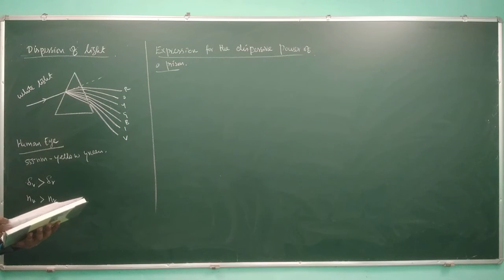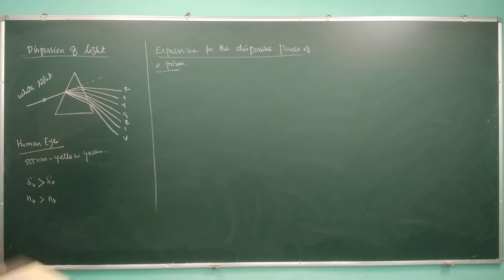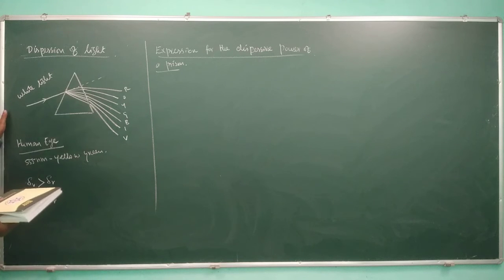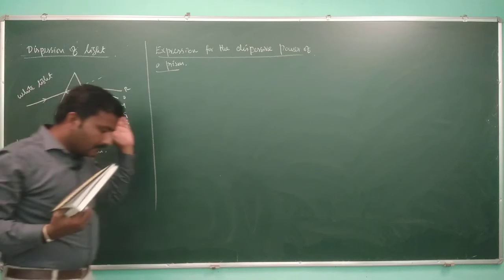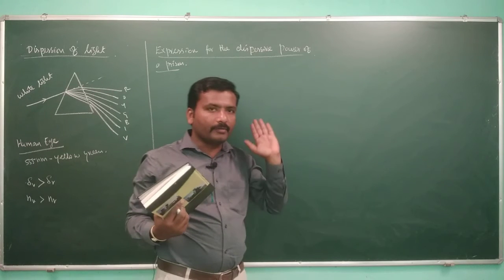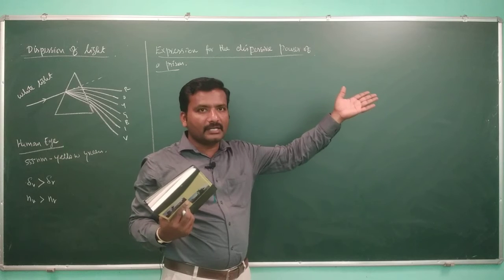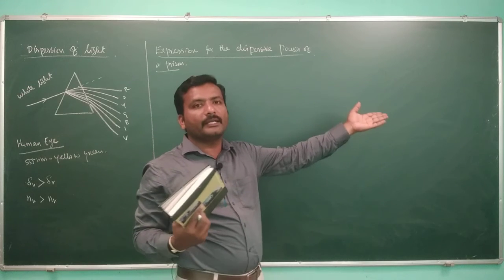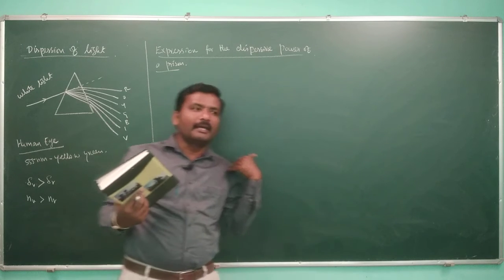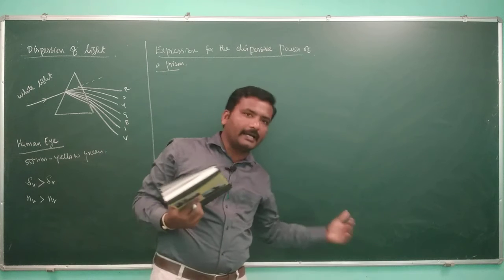We should clearly understand what is dispersion, what is deviation, what is refraction. Refraction is the bending of a light ray from its original direction when it travels from one medium to another medium, for example, from air to glass or air to water.